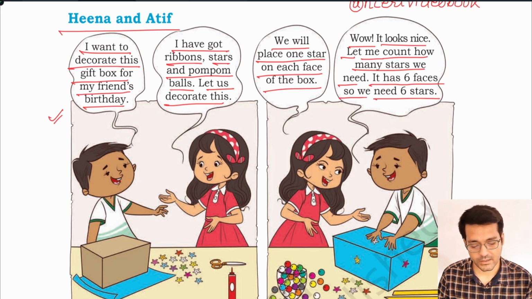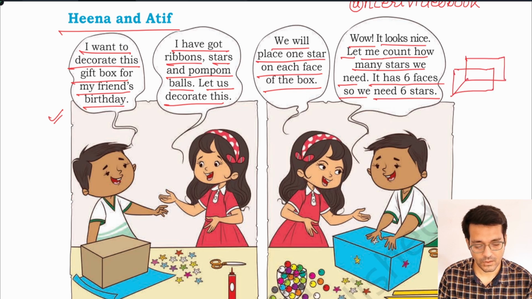Let us count the faces of a cuboid as well as a cube. If you see the picture carefully, there is one face below, one face up, one face on the left and one face on the right. That is 4 faces, and one face in the front and one face in the back.